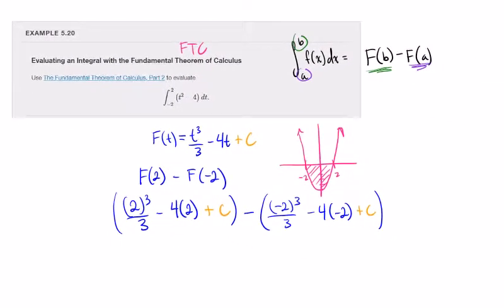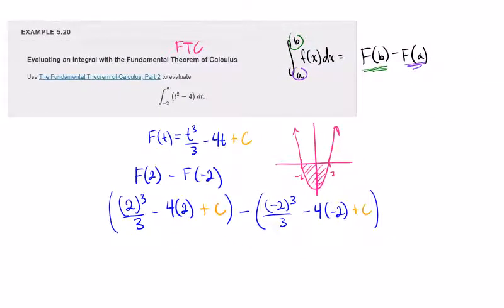Let me just give us a little more space here. So now it's just a matter of evaluating, right? You can see how this is a lot more streamlined than using the definition of the definite integral, and a lot more universal than having to use a geometry formula, which wouldn't apply to this parabolic situation. We don't have a formula for a parabola like that.